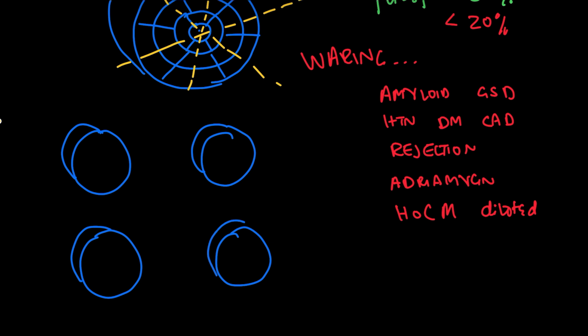So the first pattern I'll draw, this would be all normal. If the whole thing is red, usually our convention is that red would be a good amount of strain or good movement of the heart. What if you see that it's just, we call this the cherry on the top, normal movement at the cardiac apex, but the base is not moving like it should? That would be worrying for amyloid.